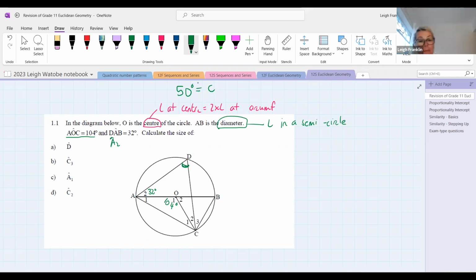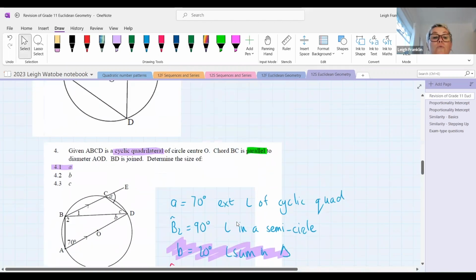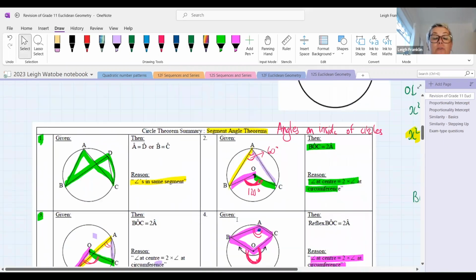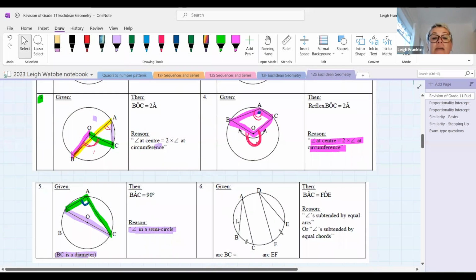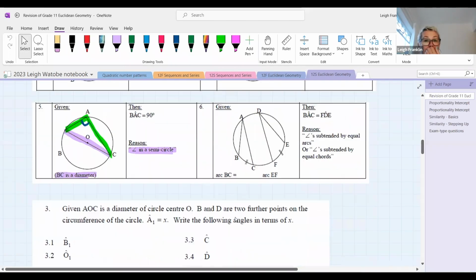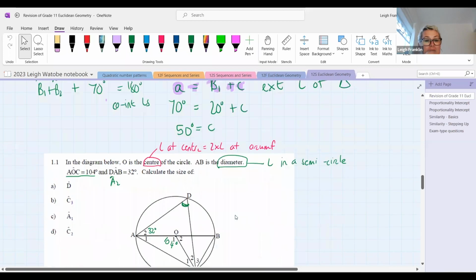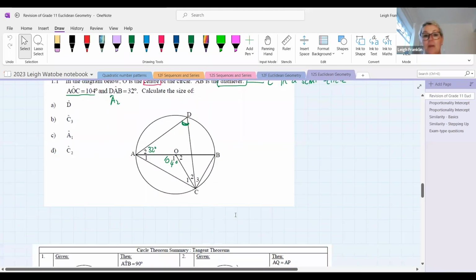Okay, so now it involves going back and thinking about all these angles on the inside of circles and trying to find something that we can use. Let's see if you guys can spot it. Okay, D is equal to 52.